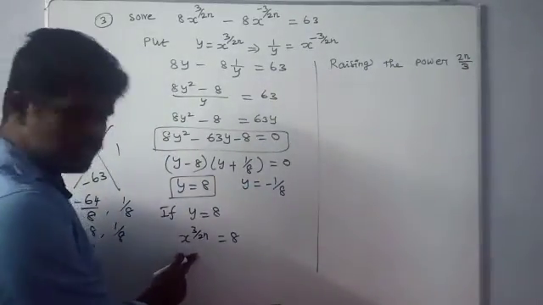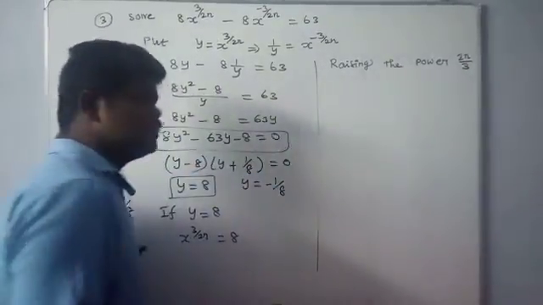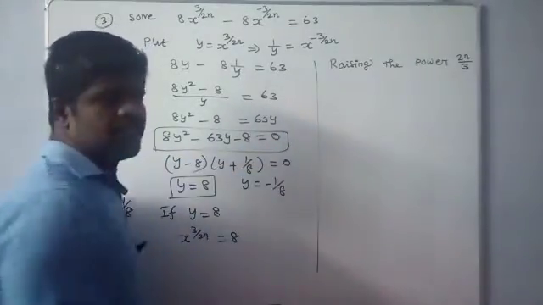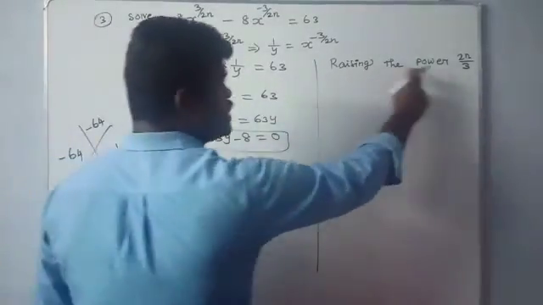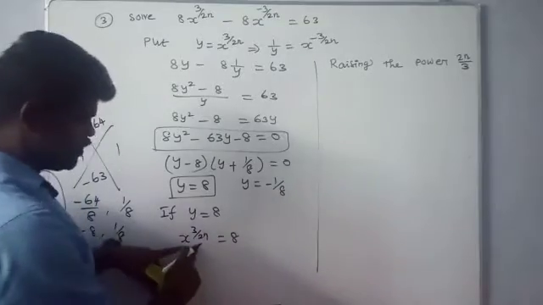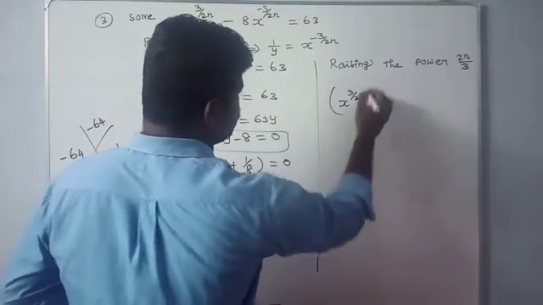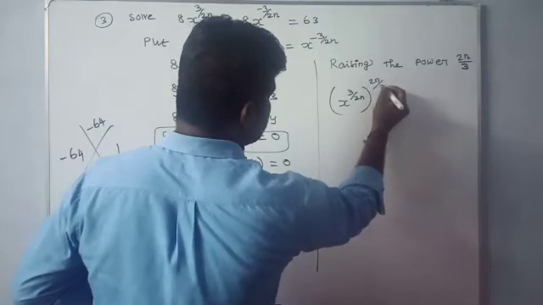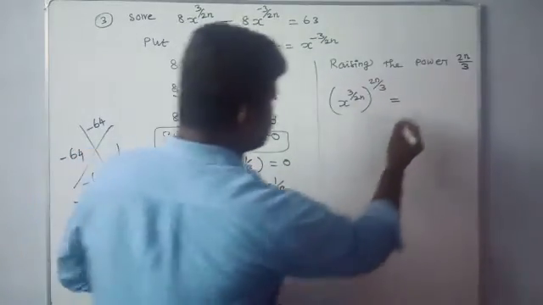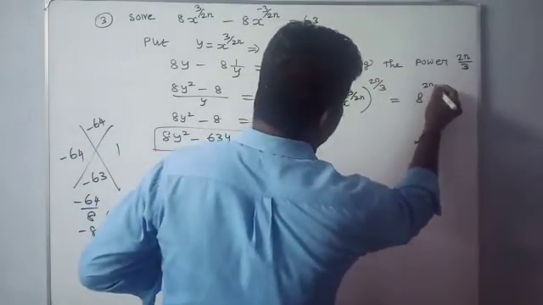How to raise it? It's like squaring on both sides. Now raising the power of 2n by 3, here x power 3 by 2n whole power 2n by 3 is equal to 8 power 2n divided by 3.